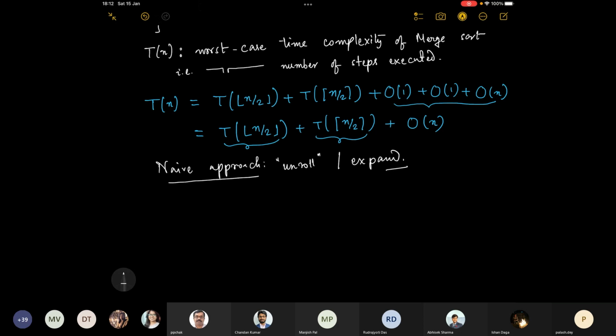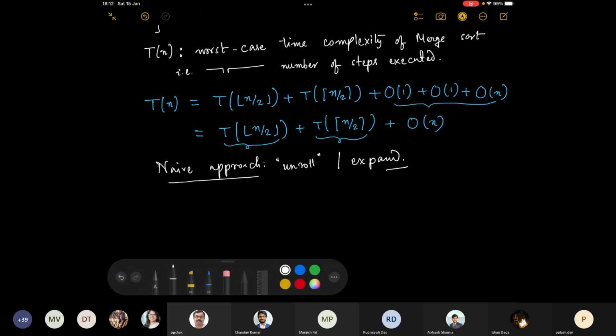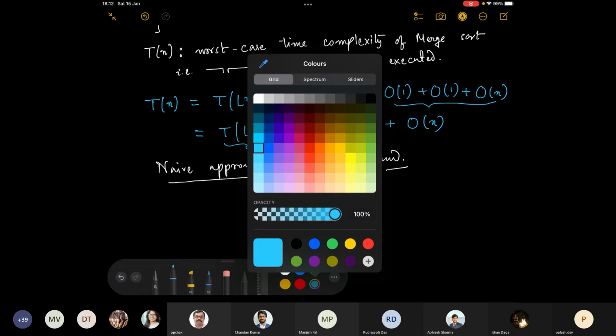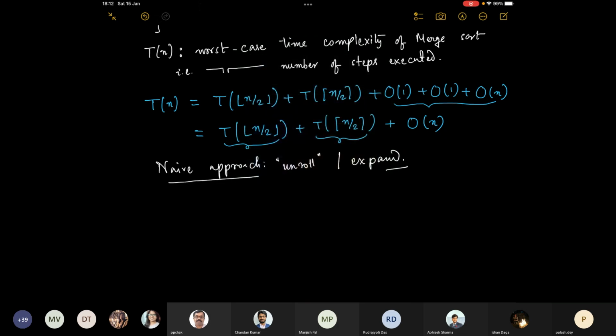So let's see. But the problem with this expansion is that for this particular case, we have this ceiling and floor. So for the time being, I can help you with one thing: I can get rid of either the ceiling or the floor, because I'm only looking for an upper bound.